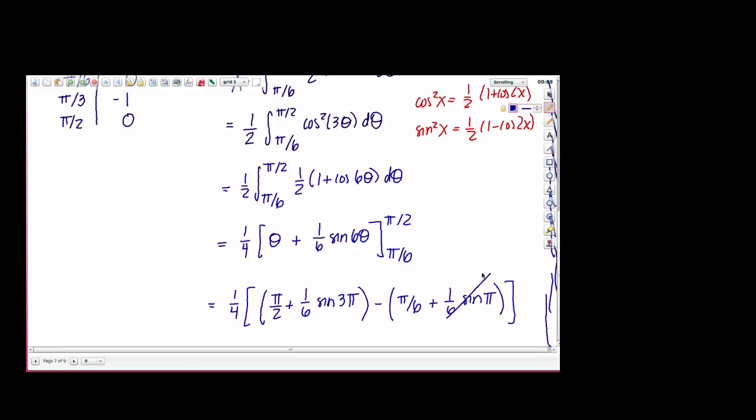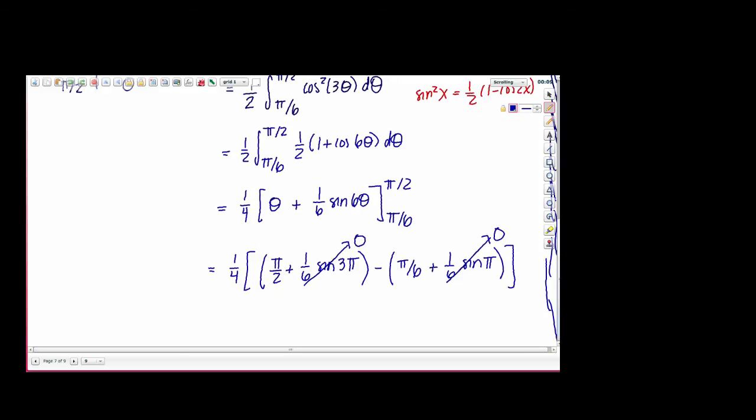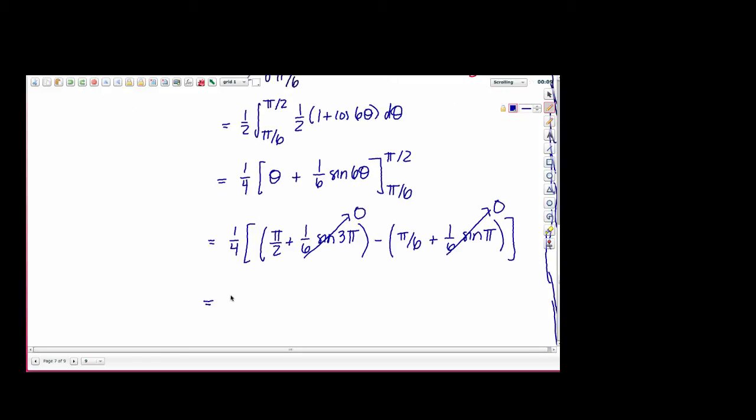Sine of pi I know is 0, so that term goes away. Sine of 3 pi is 0, so that term goes away. And I end up with 1/4 times pi over 2 minus pi over 6. This gives me pi over 12, which is approximately 0.62.